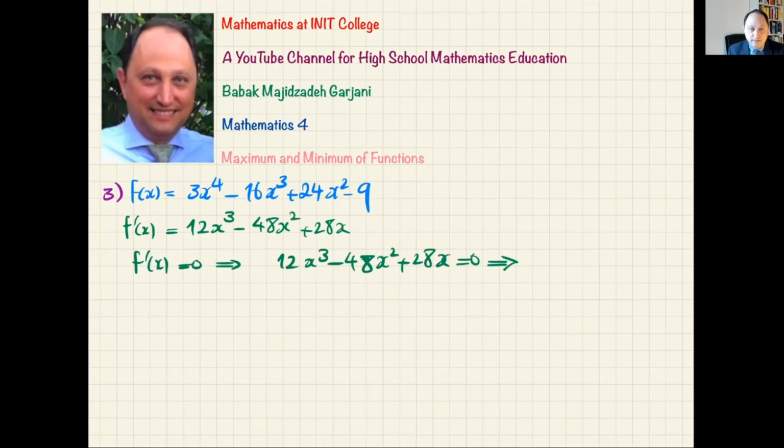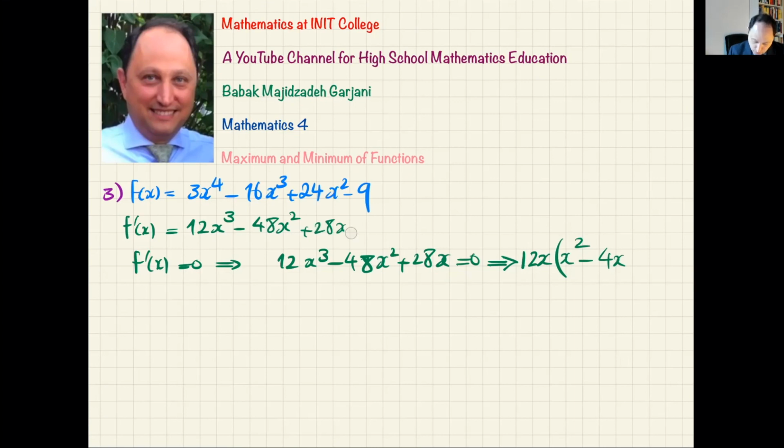We use the zero product rule. But yes, before that we have to factorize, yes? So I pull 12x out. What is left from the first one is x to the 2 minus 4x. I made a mistake here. I don't know why I wrote, sorry, this is, no, let me make it smaller.